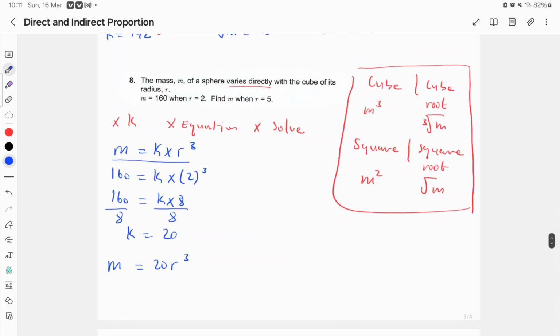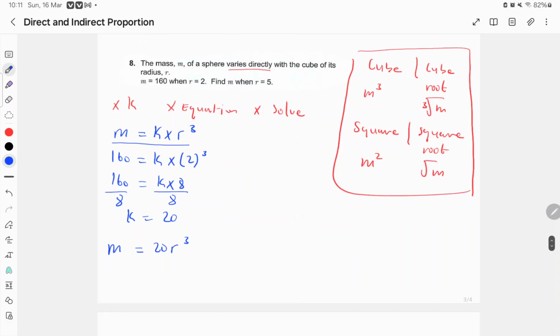Then from there, once you have your equation, you can now find m when r is 5. So you can now answer the question. m is equal to 20 r to the power 3. So it's 20, what's r now? 5, put inside the bracket, power 3.